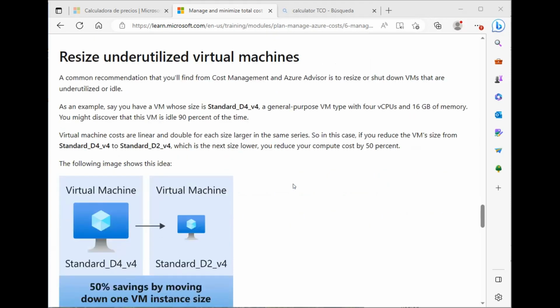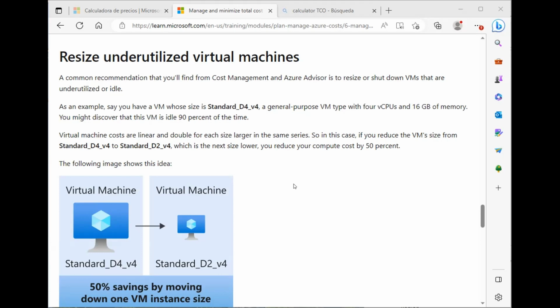Virtual machine costs are linear and double for each size larger in the series. So in this case, if you reduce the virtual machine size from Standard D4 v3 to Standard D2 v3, which is the next size lower, you reduce your compute cost by 50%.